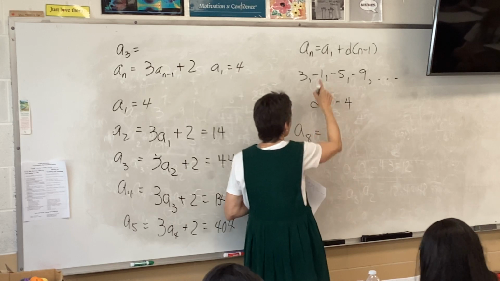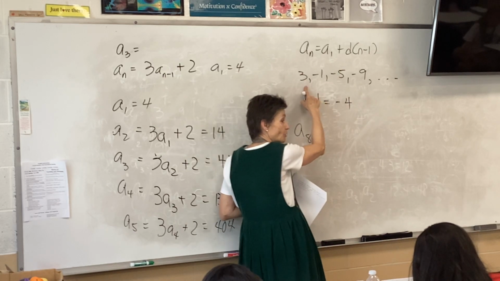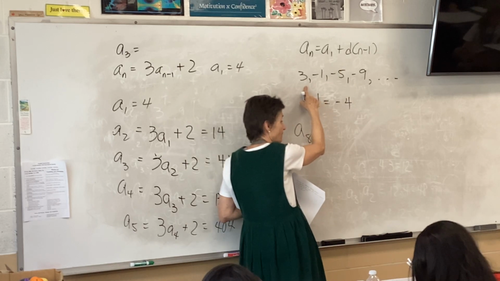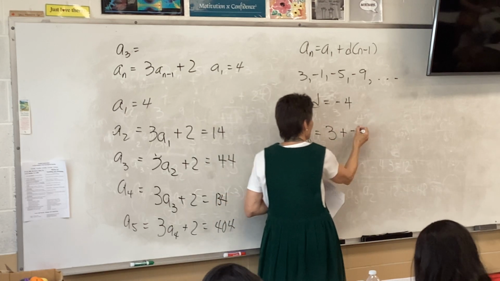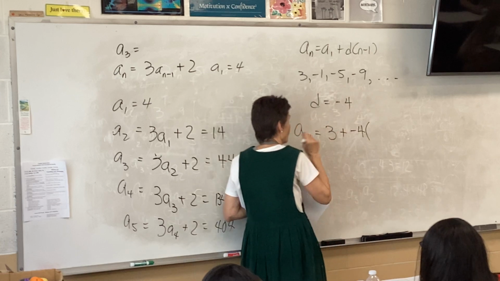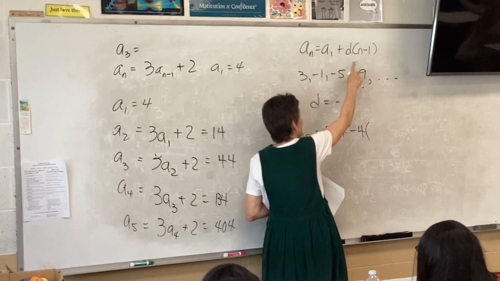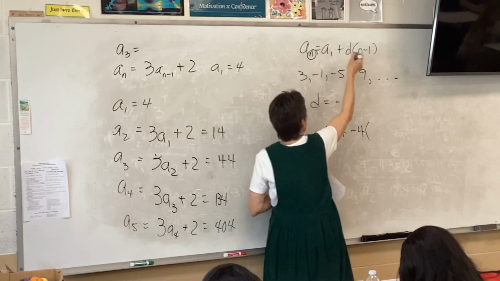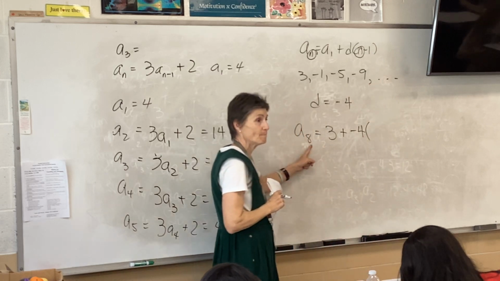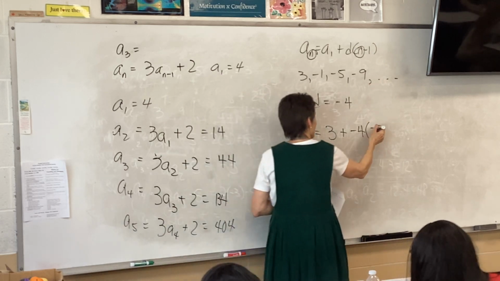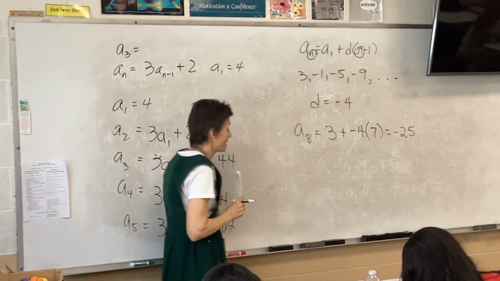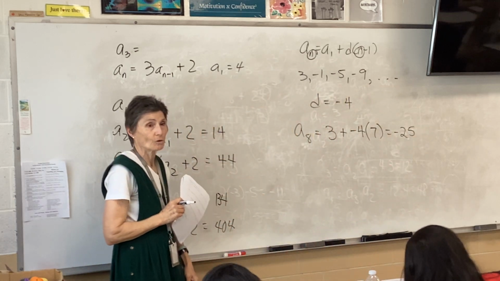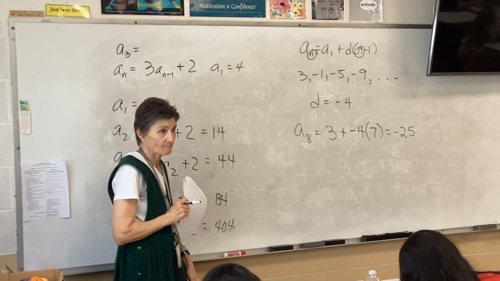The 8th term is the first term, which is 3, plus the common difference, which is -4, times n minus 1, and what's my n in my problem? 8, so 7. So it looks like -25 is the 8th term of the sequence.